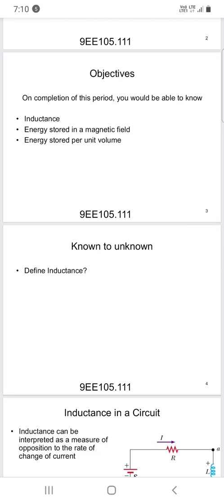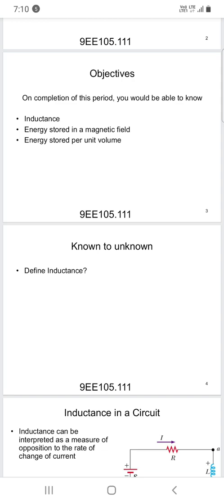The objective of today's class is that on completion of this period you would be able to know inductance, energy stored in the magnetic field, and energy stored per unit volume.